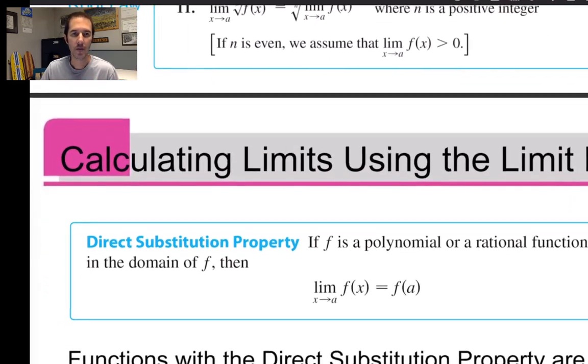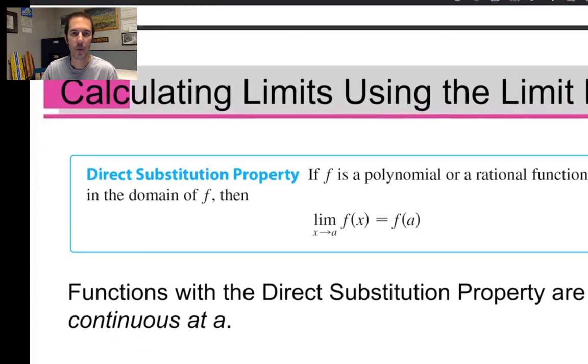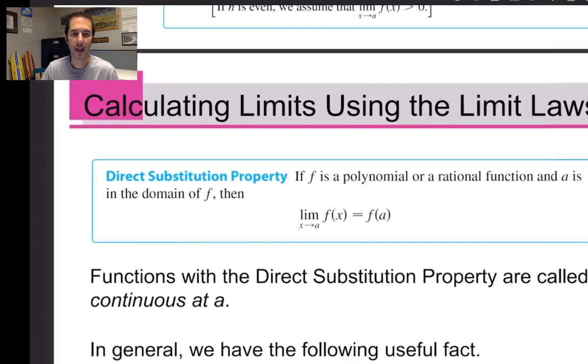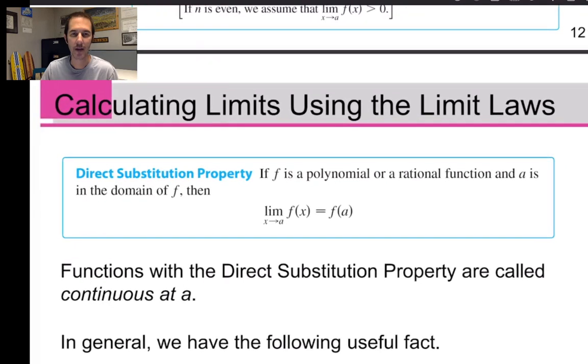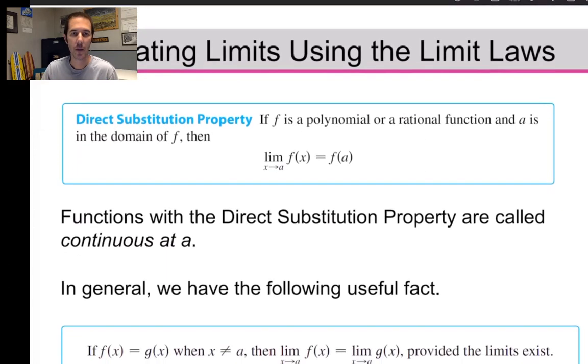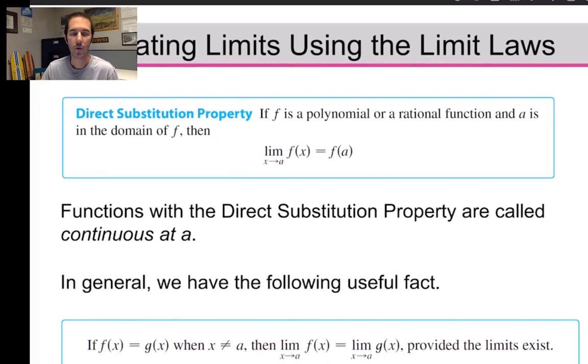And here it is stated formally, the direct substitution property. You're allowed to just take that a value and plug it in place of x as long as your function is a polynomial, and your a value has to be in the domain of that polynomial. Or if you're working with a rational function, it reminds us, that's okay too, as long as your a value is in the domain and doesn't cause division by 0.